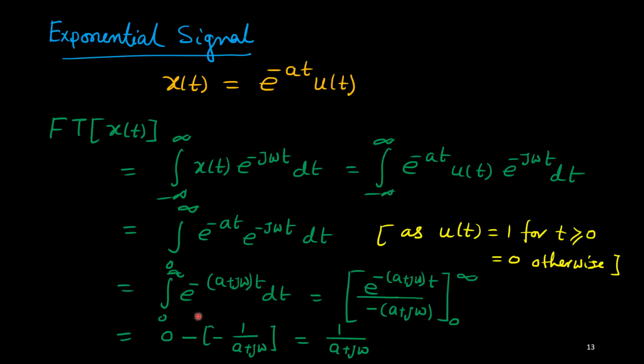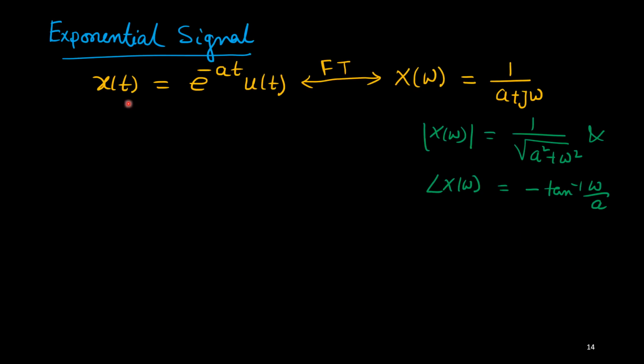That is fine. So this is 0, and this one is minus, and at t equal to 0 this gives 1, so 1 upon a plus j omega. So minus 1 upon a plus j omega. This minus and minus will make plus, so it becomes 1 upon a plus j omega.